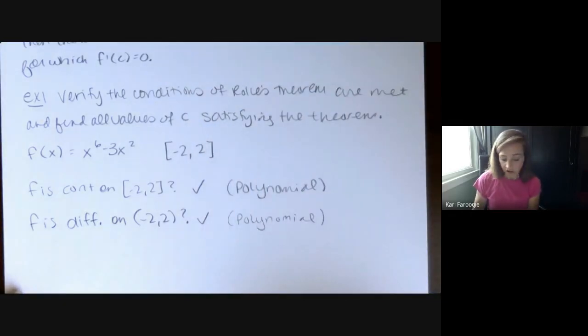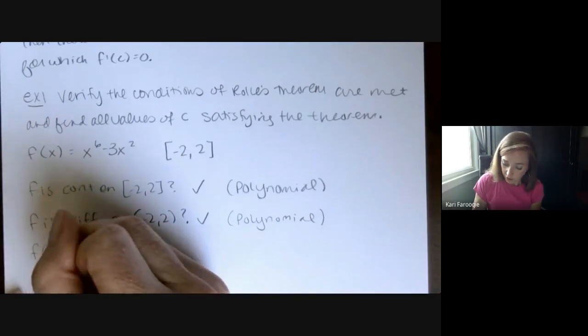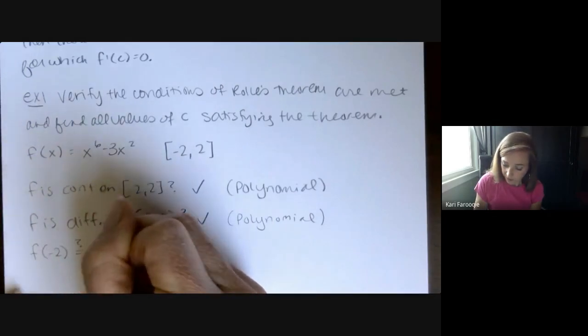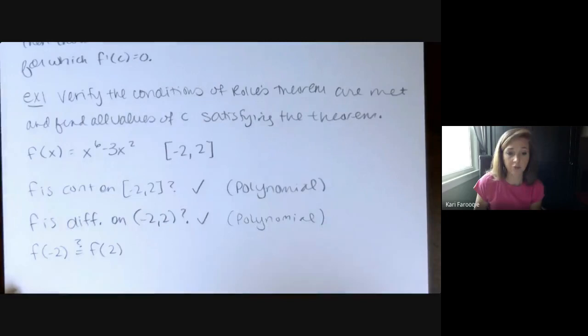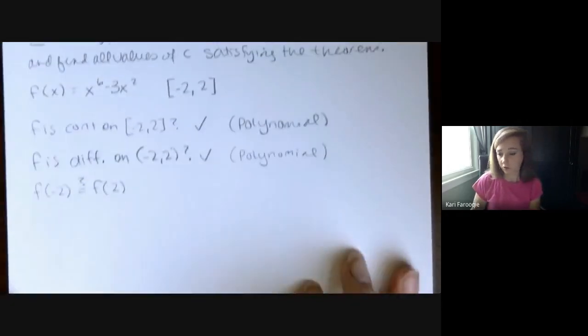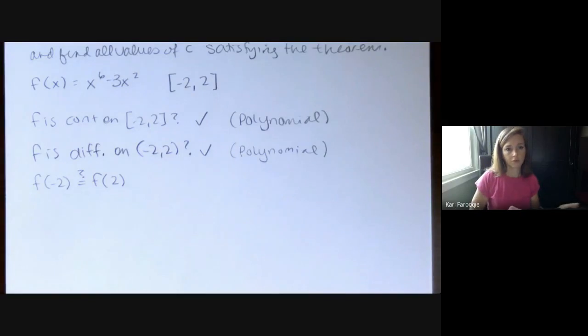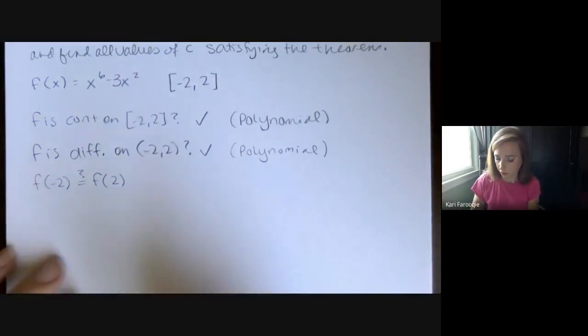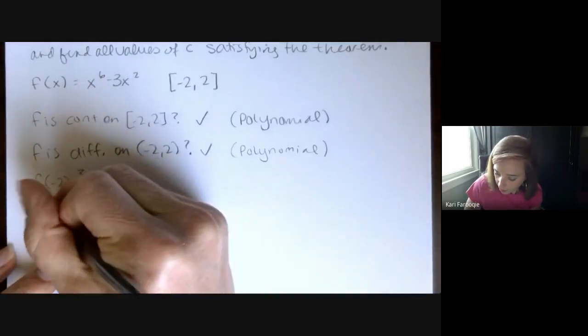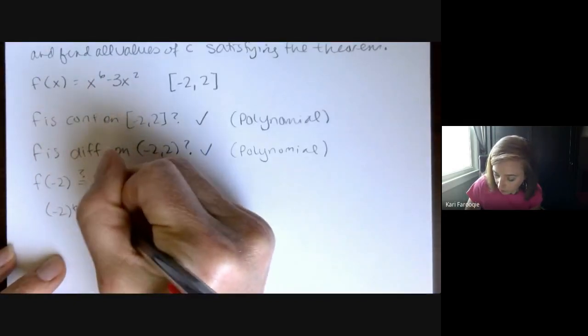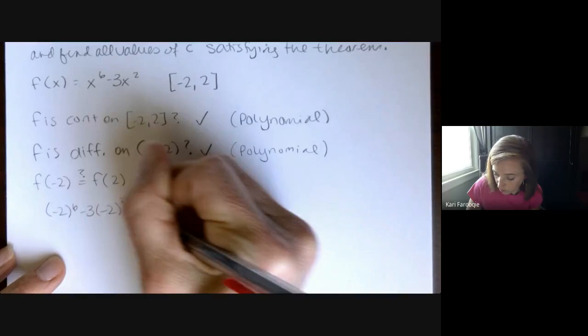And then the last condition is that we need f of the left endpoint to equal f of the right endpoint. And we're going to verify that just by getting some values together. You can put this in your calculator. But basically, I'm looking for -2 to the 6th minus 3 times -2 squared.